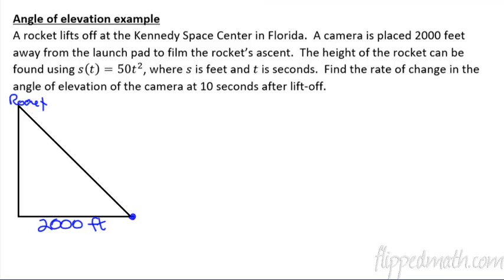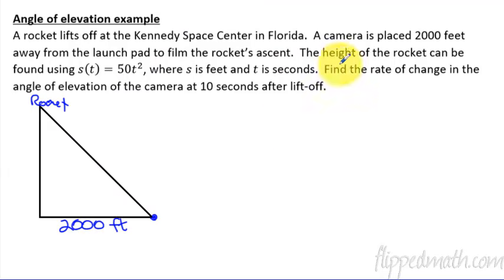Okay, so I need to move this over a little bit. What else do we have? The height of the rocket is found using s(t) equals 50t squared. This height, we're going to call s. Now, s is equal to 50t squared. I also could have called it 50t squared, but I'm just going to leave it as s for now. So s is in feet, t is in seconds. Find the rate of change in the angle of elevation.